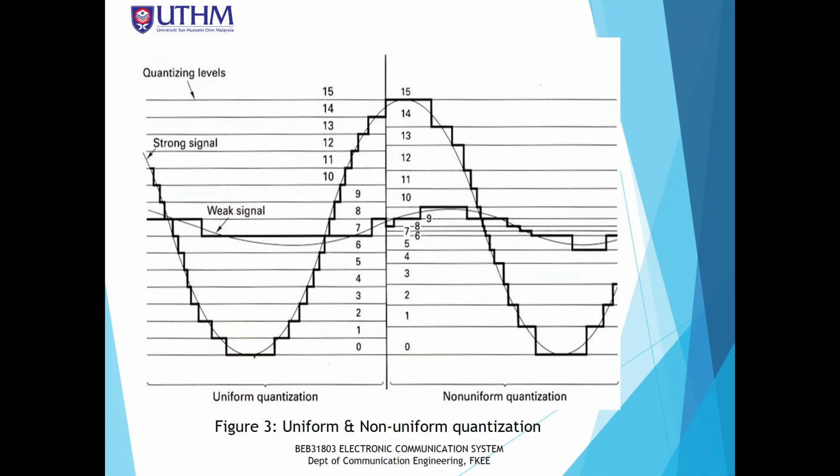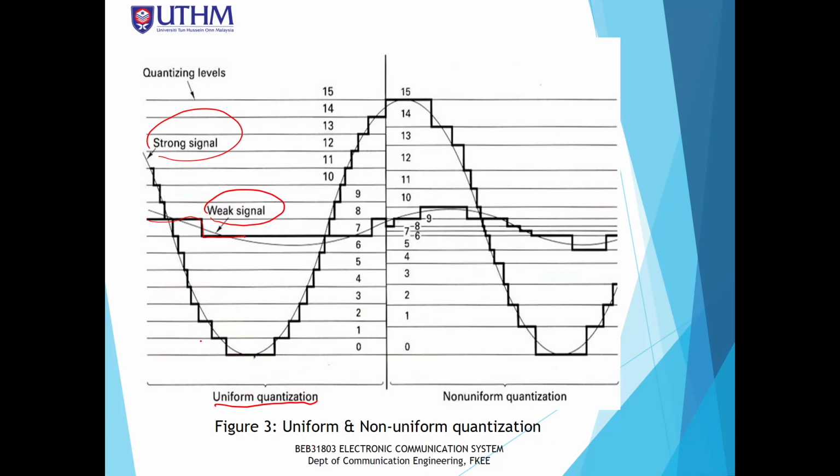you can see that the picture on the left shows the uniform quantization, where each level or each step size is the same. If you see from here, the uniform quantization is actually good for the strong signal, but if we look at the weak signal, you're going to see that we only have about 2 levels to quantize it, compared to the strong signal, which has many levels.